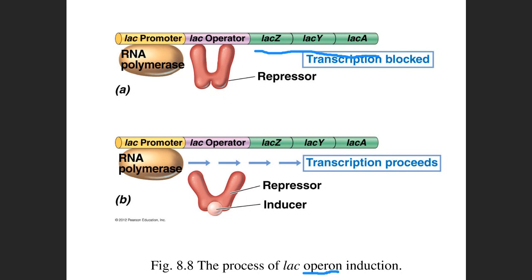Okay, so when you have lactose around, there will be an inducer to turn it on. So if you were to design an inducer to change the conformation of a repressor, what molecule would you use as an inducer if you were to design this?